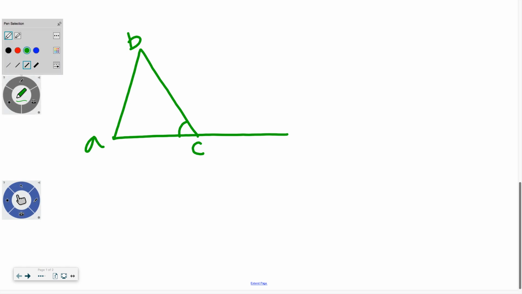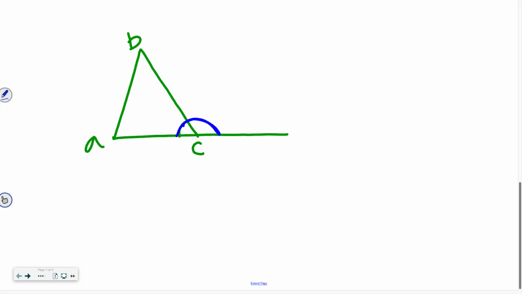We said that these two angles here will be supplementary. They add up to 180 degrees. But what's even more important is if we call this angle X, we know that the measure of angle X is equal to the remote angles.